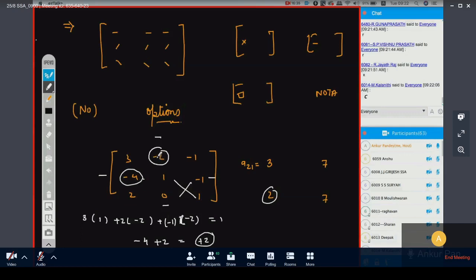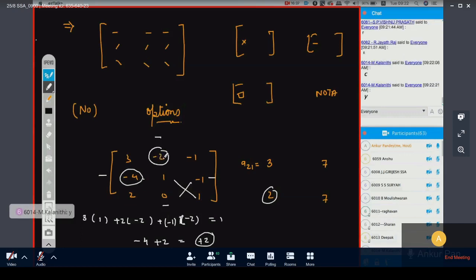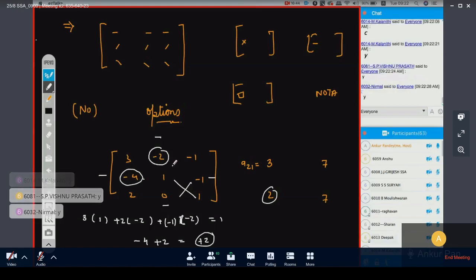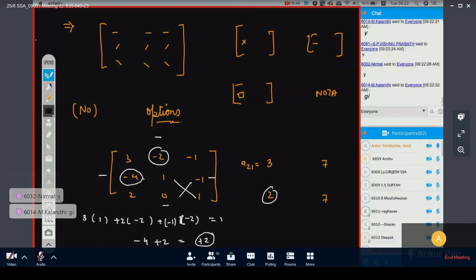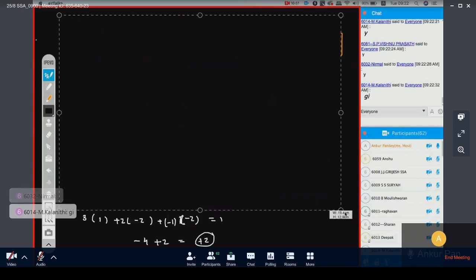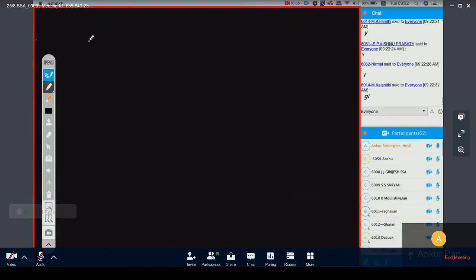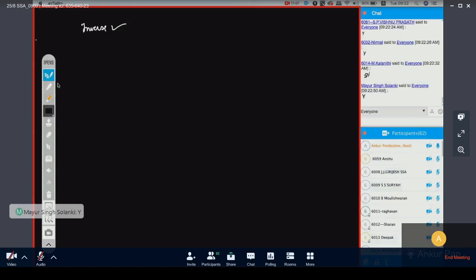While taking the adjoint, we take the transpose of the cofactors. Clear? Easy. Sure, good. Finding the inverse is done.